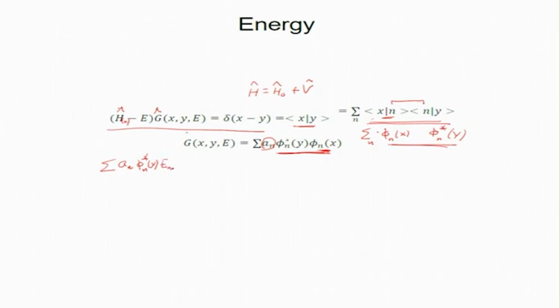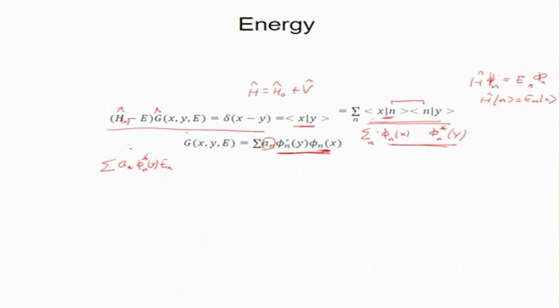Phi n is an eigenfunction of H with eigenvalue E n. By definition, H phi n equals E n phi n. I can write this in bracket notation as well, E n |n>. Okay, clear?